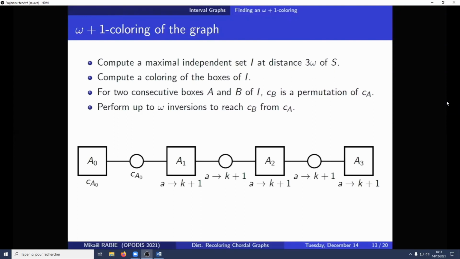Then, starting from A2, nodes of color B take color A, and to end, nodes of color K plus 1 take the color B. Basically, we use the extra color as a temporary color to do inversions. And that way, we are able to fill the gaps between all of our boxes that were colored. And now we get an omega plus 1 coloring of the graph.